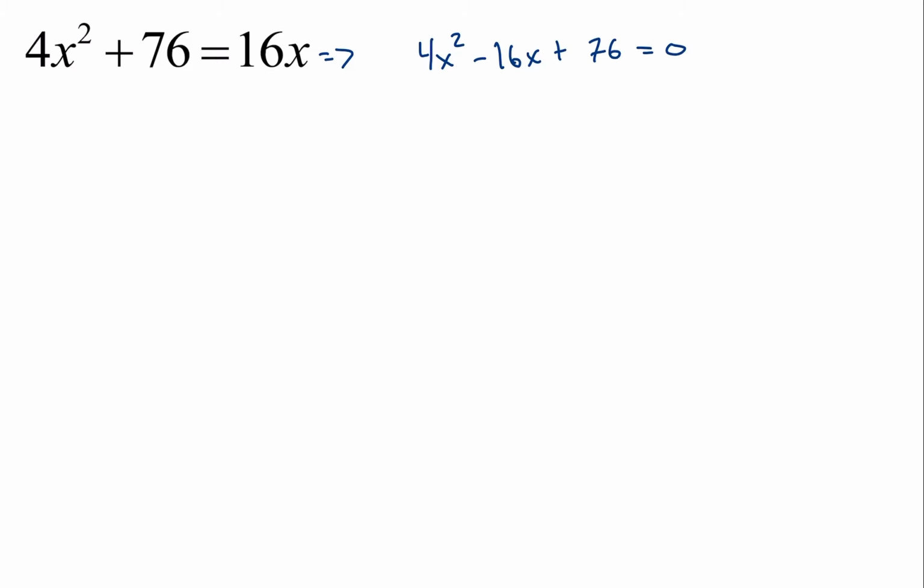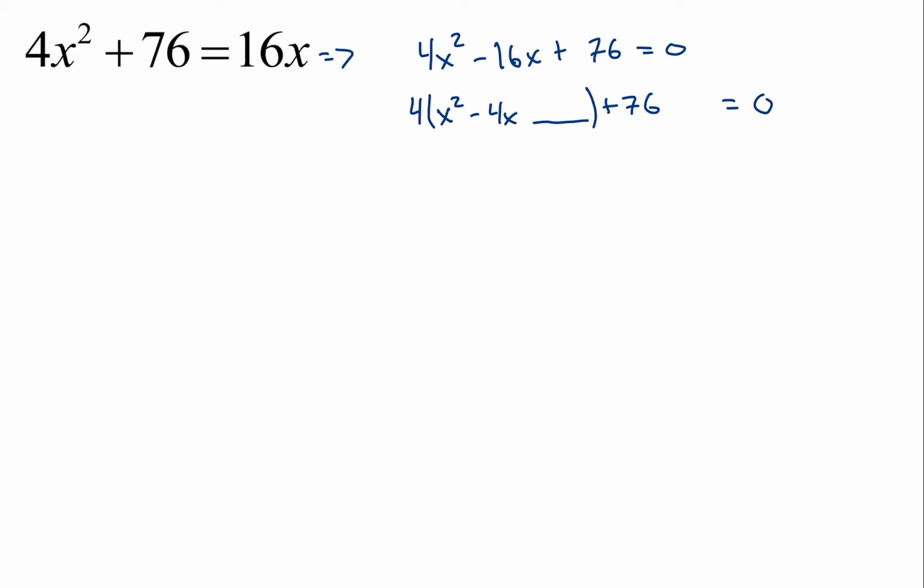Now I want to make sure I pull the 4 out, because I want to make sure I just have a 1 in front of this x squared right here. So I'm going to say 4, this is x squared, and then negative 16 divided by 4 would be negative 4x. And then we leave that blank spot, and we still have a plus 76 over here.